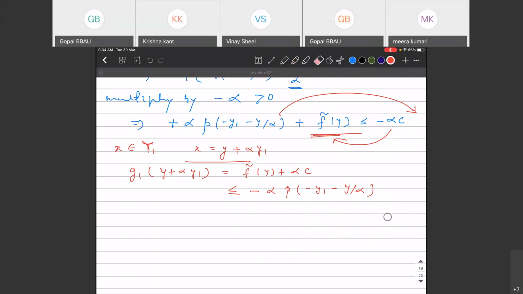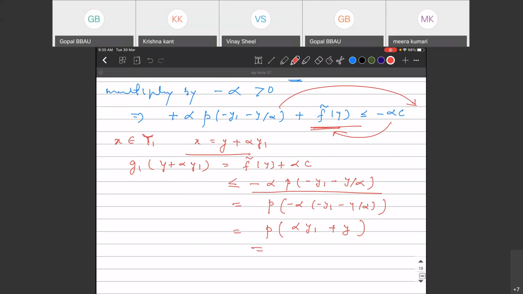So first use this second definition. The second definition says p of alpha x equals alpha times p of x. Use that here. So this is alpha into p of something. So it will be p of minus alpha minus y1 minus y by alpha. Correct? So this thing is p of alpha y1 plus y, not minus, plus y.